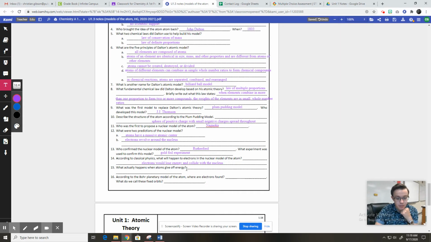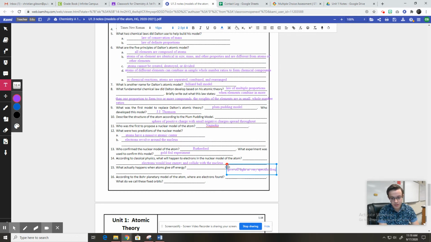So instead, when electrons give off energy, they're not going to collide with the nucleus. So what do they do instead? What happens when atoms give off energy? Well, this is something we're going to talk about a little bit more in 1.4, but they give off light at very specific frequencies.